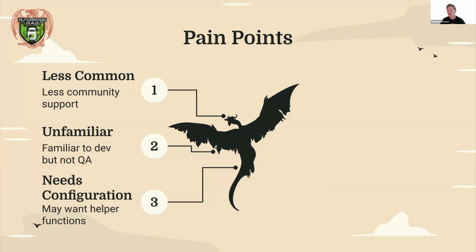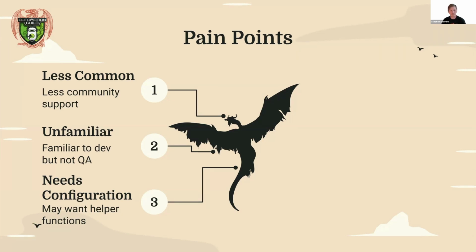The other thing is it's a little unfamiliar to other QAs. So it's great if you're the one person working on that and you get to set it up and hand it off to a developer, because developers tend to be more familiar with Jest. But if you need to onboard other people that aren't familiar with this tool, with the setup, or with Jest, then you have a lot of training to do. So it probably wouldn't make sense in that scenario.